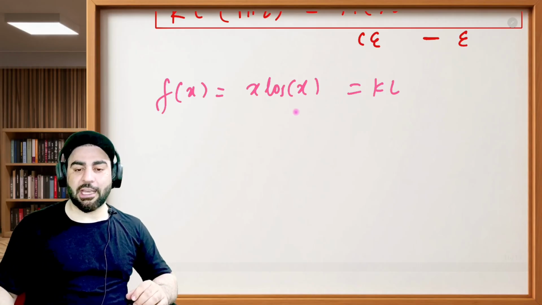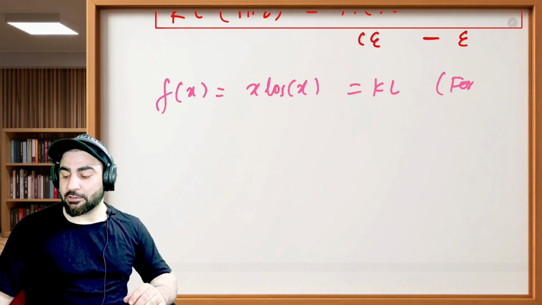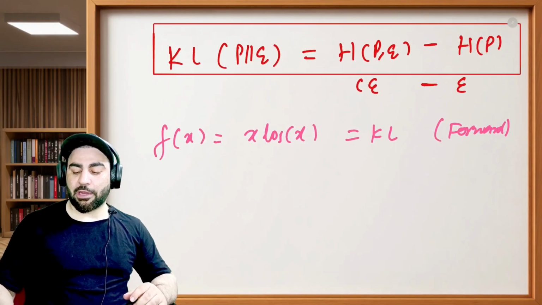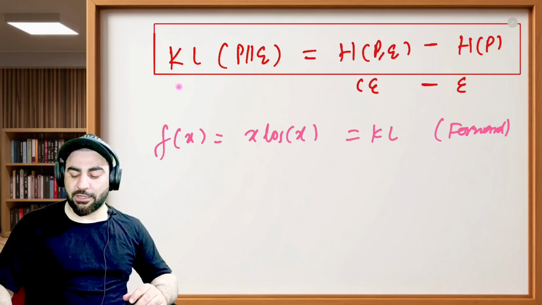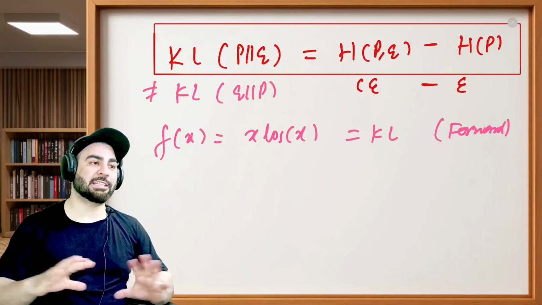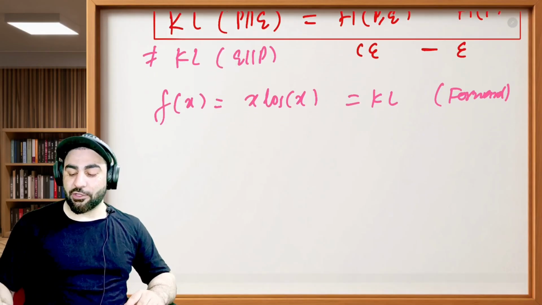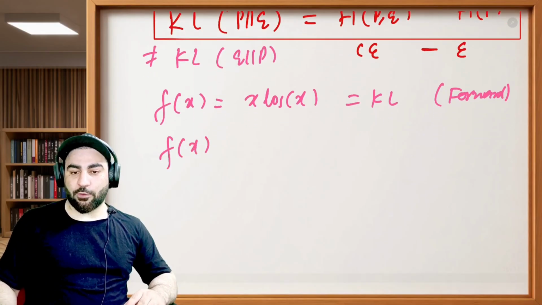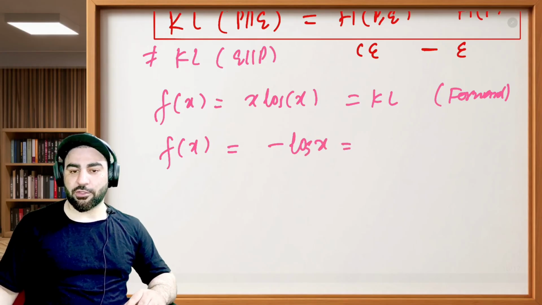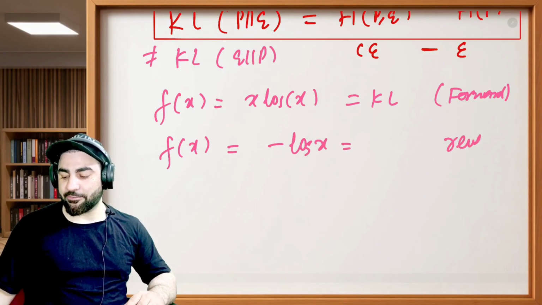So this is called the forward KL divergence, because KL divergence is asymmetric. By that I mean if you calculate KL divergence of p and q, it will be different from KL divergence of q and p. So this is not equal, it's an asymmetric divergence. If you now take f of x equal to, let's suppose, minus log of x, this is called the reverse KL divergence.